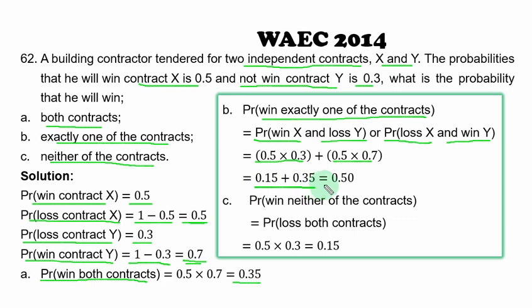After addition, you have 0.5. C, probability win neither of the contracts means probability lose both contracts, and that is 0.5 to lose contract S, then 0.3 to lose contract Y. If you multiply both, you have 0.15.